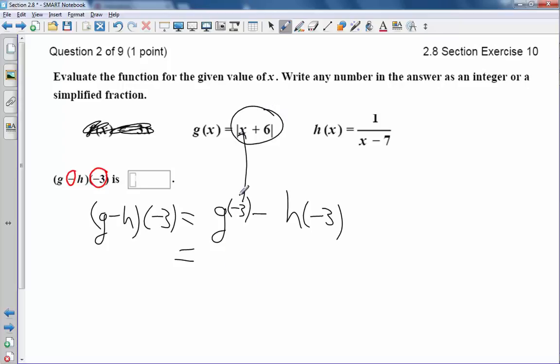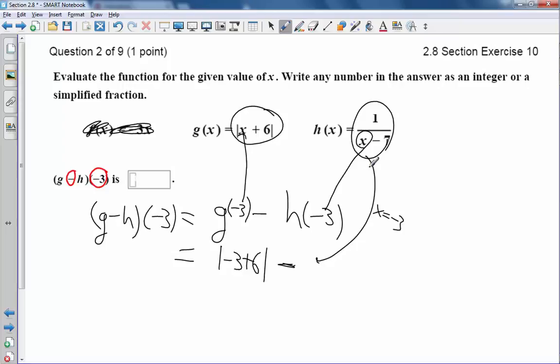Don't use x, but instead use minus 3 and compute this, and then subtract h of minus 3. It means h, but instead of x, use minus 3 because I see minus 3 here. Okay? So it's 1 over minus 3 minus 7.